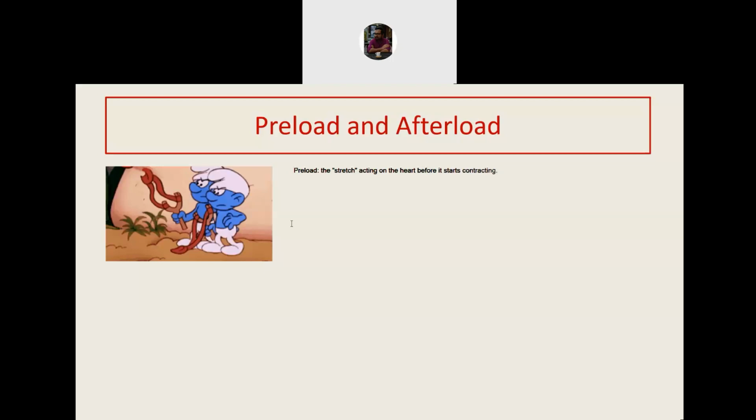So what is stretching the heart before it is contracting? It's blood. So as much blood accumulates in the ventricle is the preload. So essentially, preload is the end diastolic volume, the amount of blood at the end of diastole. The end diastolic volume will be more if the venous return is more. So it is also equivalent to the venous return.